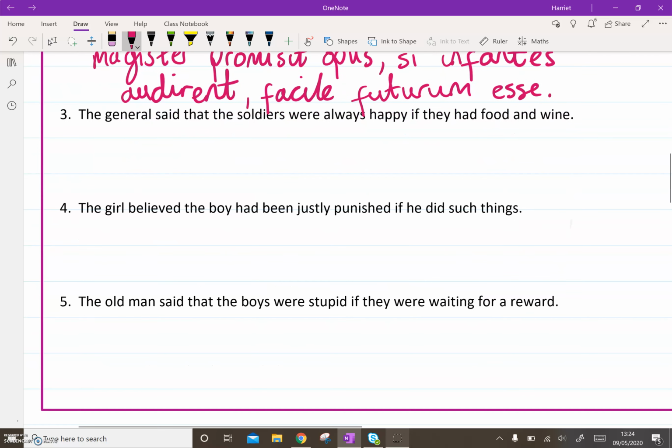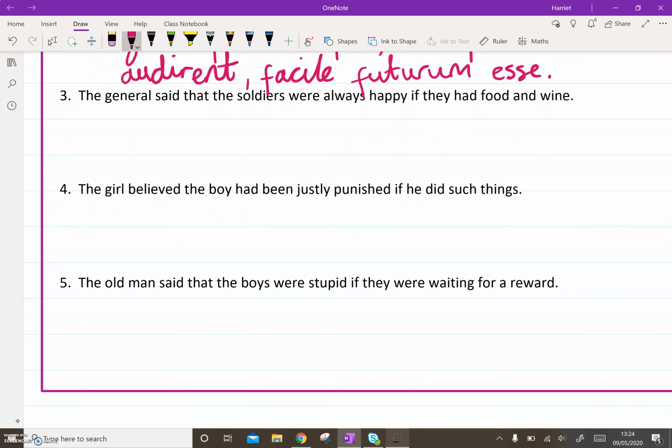Number 3. The general said that the soldiers were always happy if they had food and wine. Imperator, dixit, that the soldiers, milites, if they had food and wine.